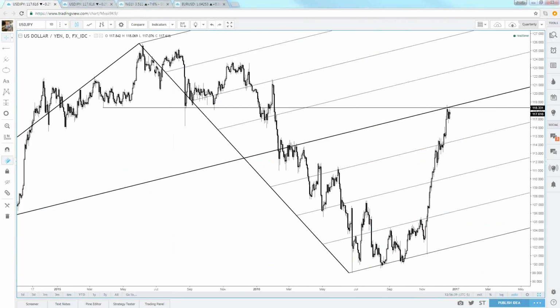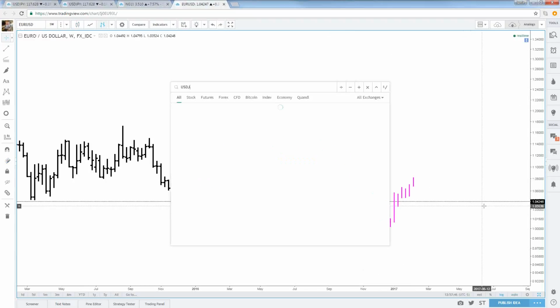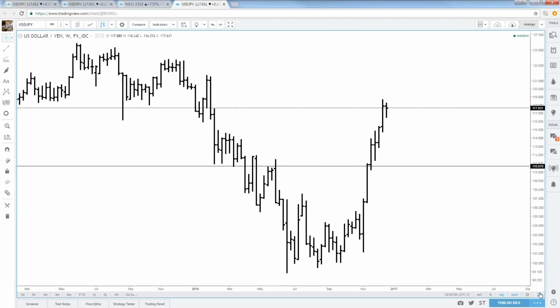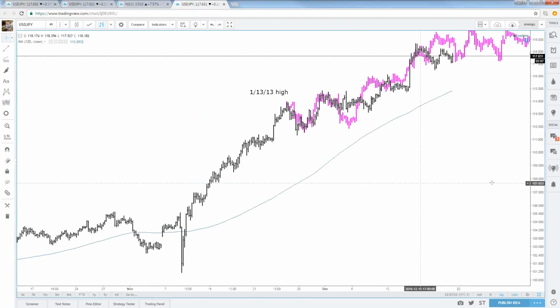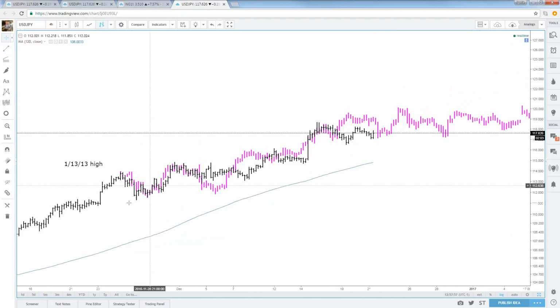If I look at the analog that I suggested might be something to follow, it's looking interesting still, right? This was the one from last night we're following from January 13th, 2013.